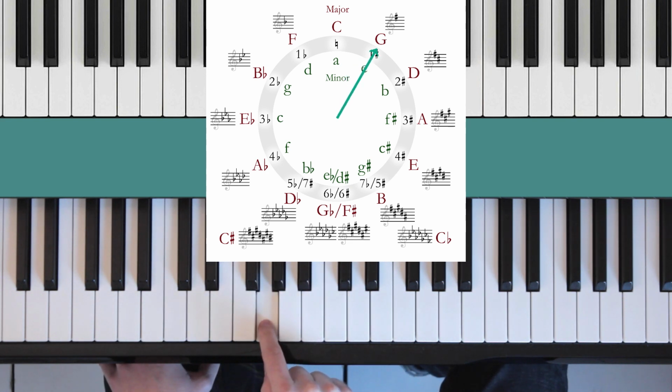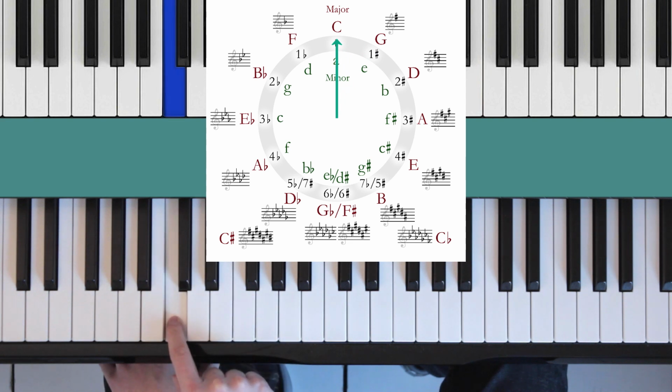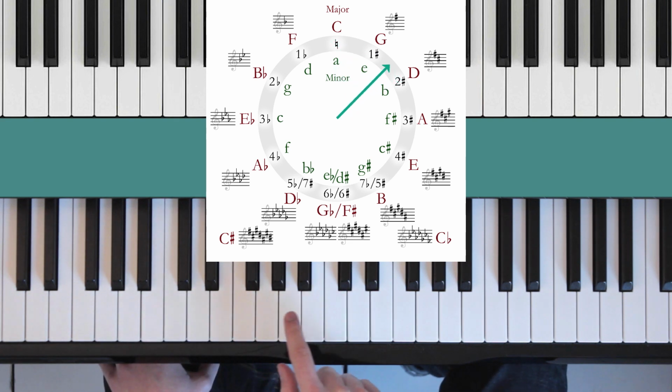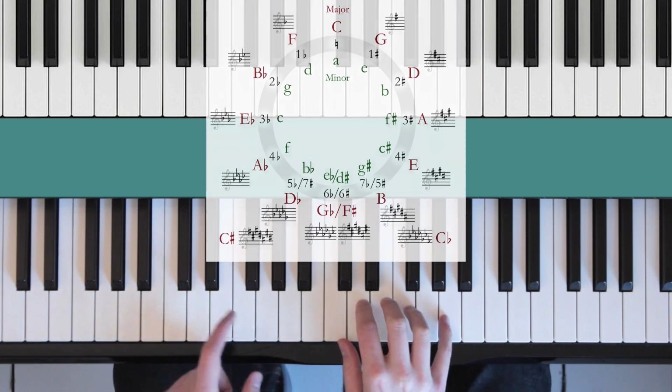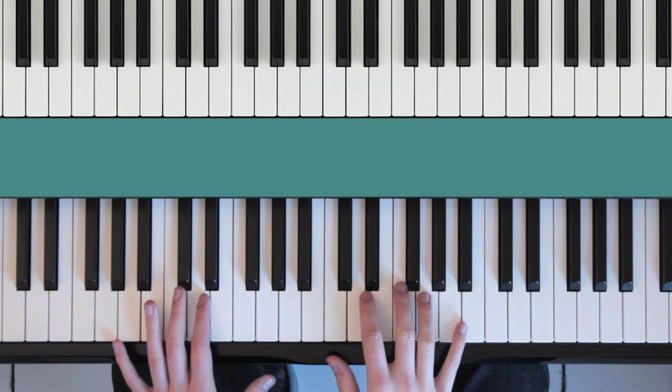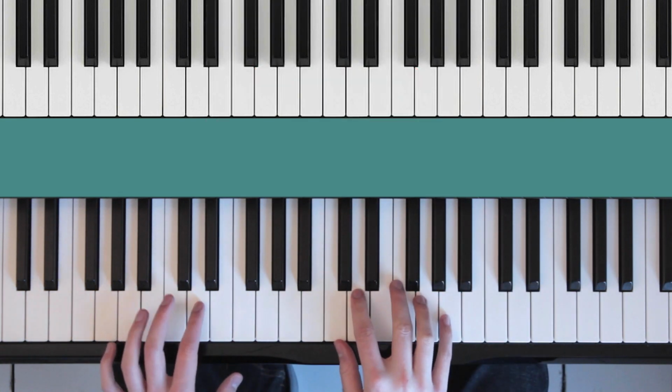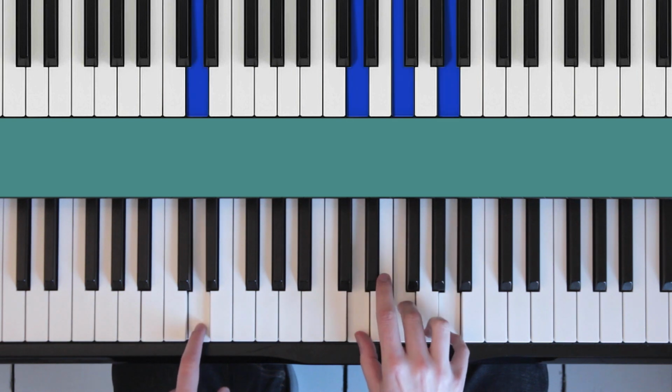So yes, G is a fifth away from C, but also D is a fifth away from G. So we have this kind of fifths movement. So we go a fifth away from G and then a fifth away from C. And that gives us, if we stay diatonic, so all the chords, not D major, but D minor, if we play this, it sounds like this.